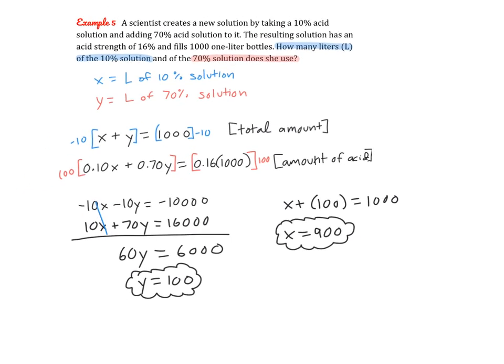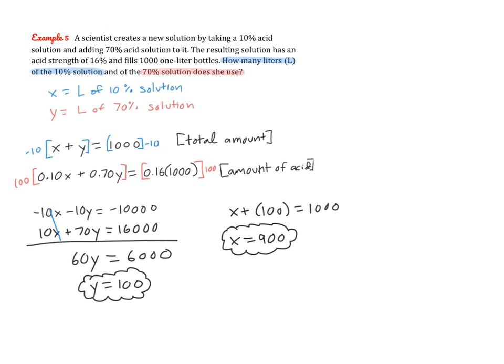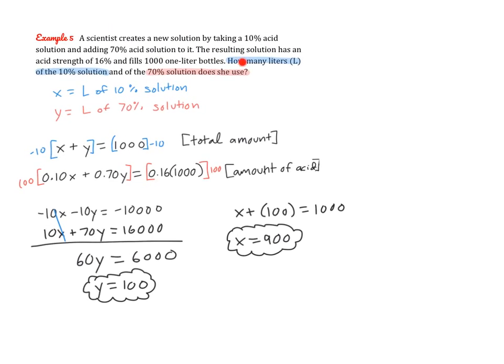Okay, so now we need to make sure that we have a complete answer. Again, let's look at the question. First, they ask how many liters of the 10% solution did they use. X represents the liters of 10% solution, so she used 900 liters of 10% solution.